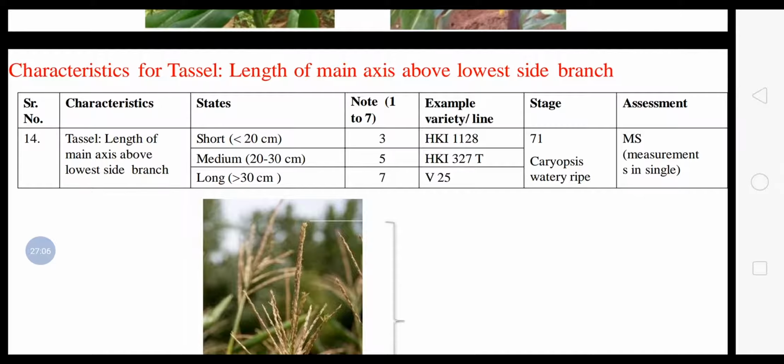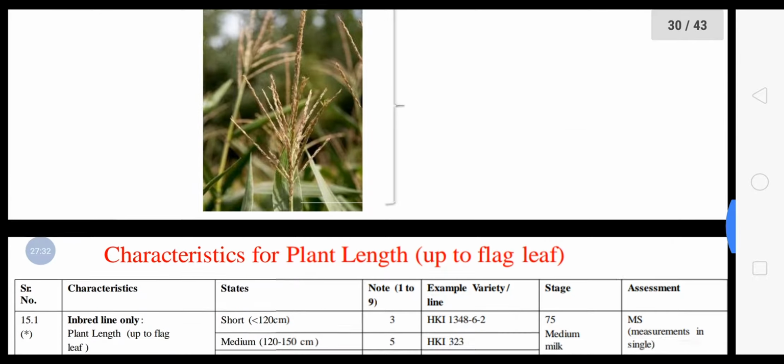Short is less than 20 centimeters scored as 3, medium is 20 to 30 centimeters scored as 5 and long is more than 30 centimeters scored as 7. Example for short is HKI 1128, medium is HKI 327, long is V25. The stage studied for this character is again Caryopsis watery ripe, and the assessment is measuring in single plant.